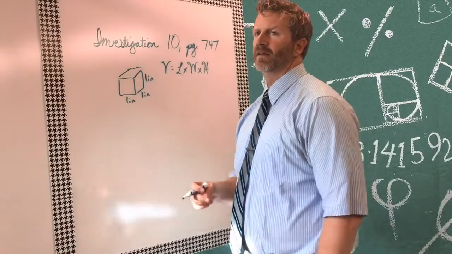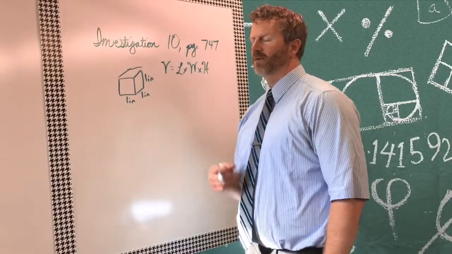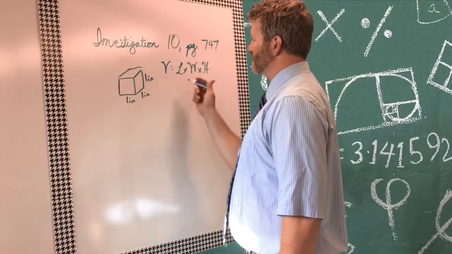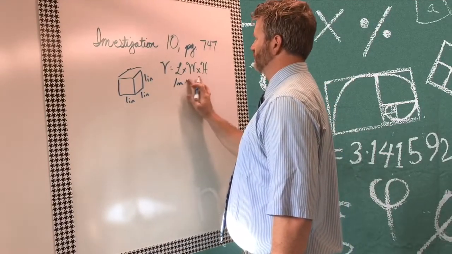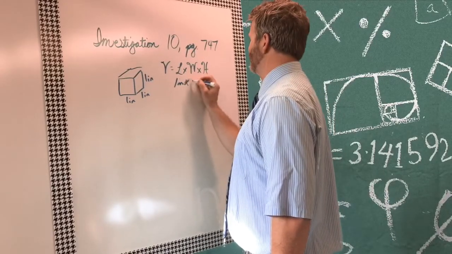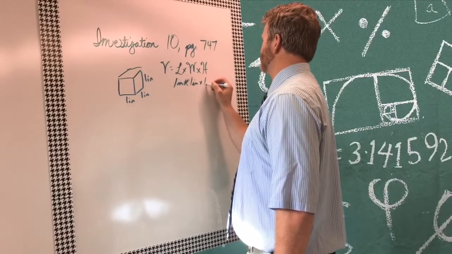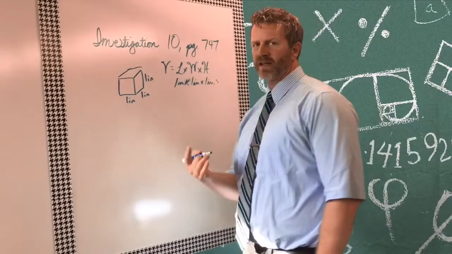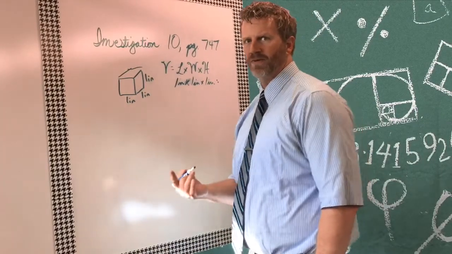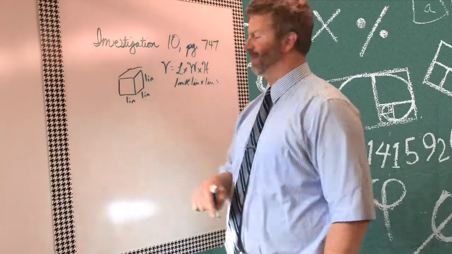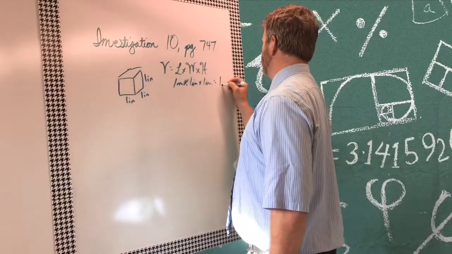Chase, over there in room 10, help me out. So if we plug this in, we go 1 inch, whoops, that's a plus sign, times 1 inch times 1 inch. Chase, what's that going to equal? What's 1 times 1 times 1? It is 1, right? Don't say 3. That would have been if we added them, right? So it's going to be 1 inch.